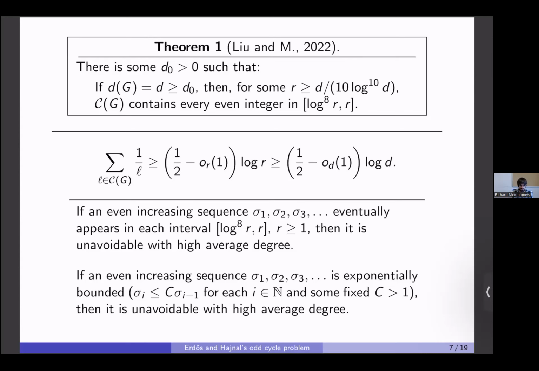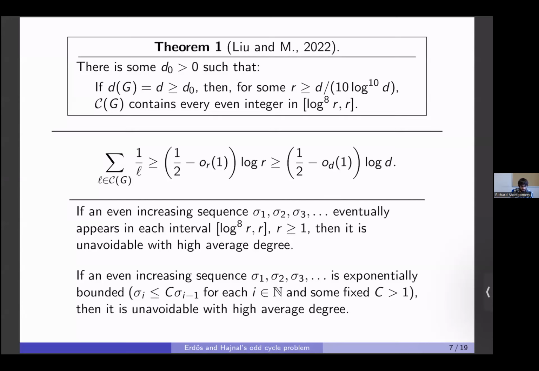Right, so we know we can hit every even integer in one of these intervals. And by making d large, we can make r large. So therefore, if we eventually hit each of these intervals, then it's unavoidable with high average degree.